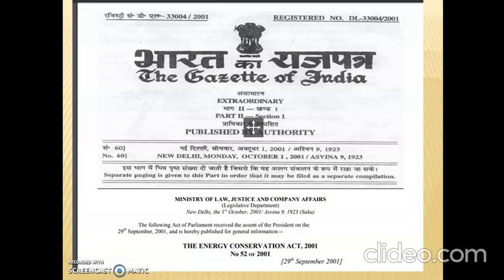I just show you the first page of this Energy Conservation Act, and this act was enacted on 29 September 2001. That's why it is called the Energy Conservation Act 2001. For detail, you may refer to the Bureau of Energy Efficiency's website, or the Ministry of Power, Government of India's website for the detailed Energy Conservation Act.